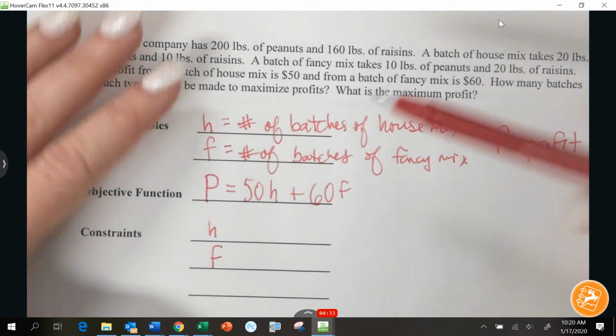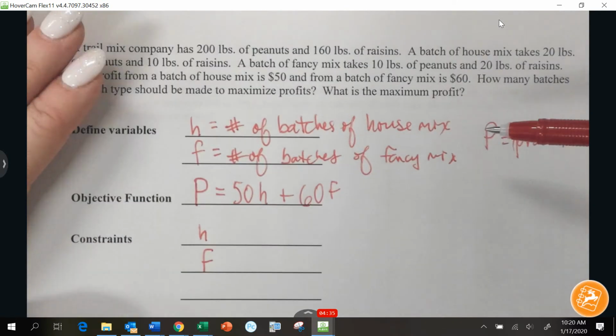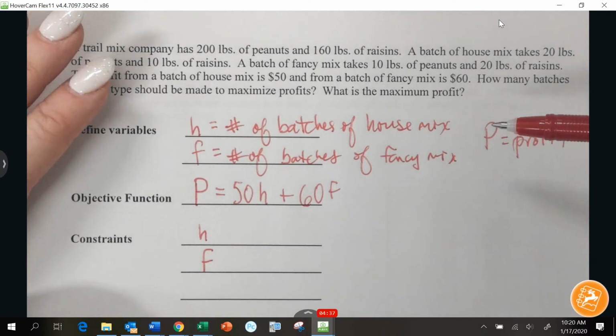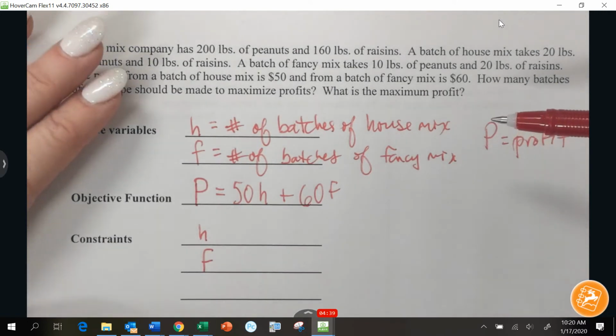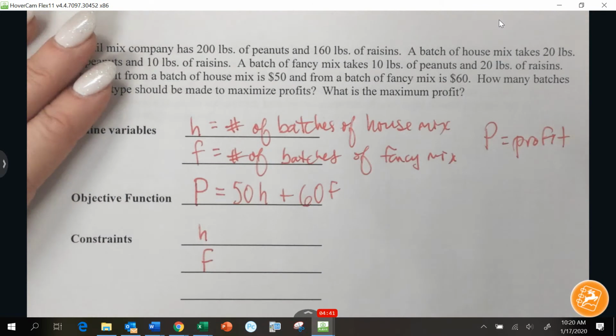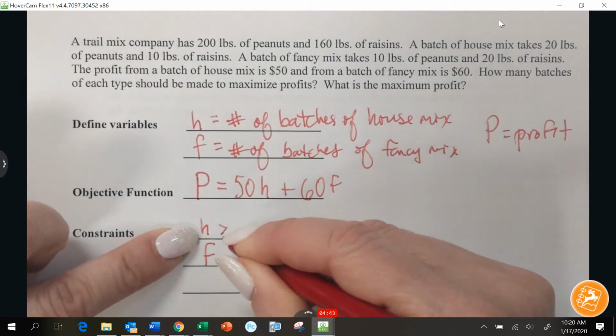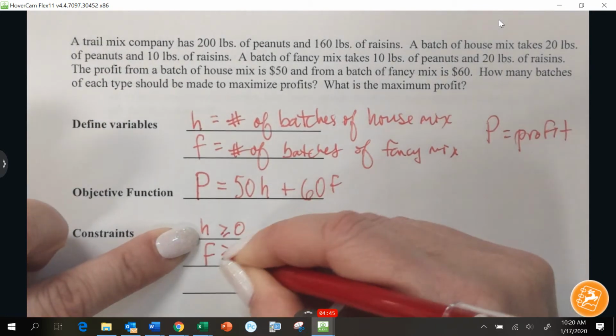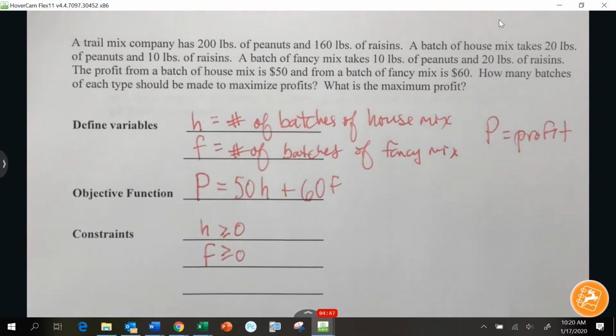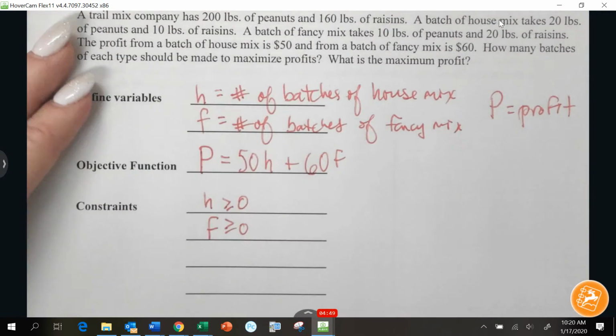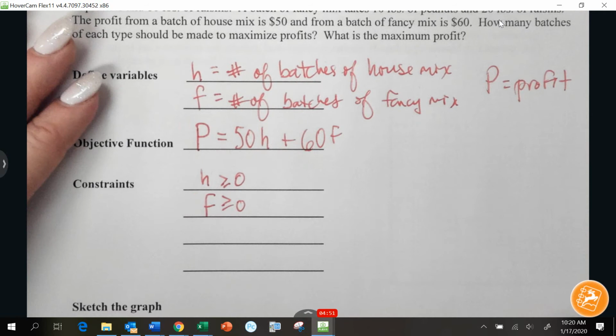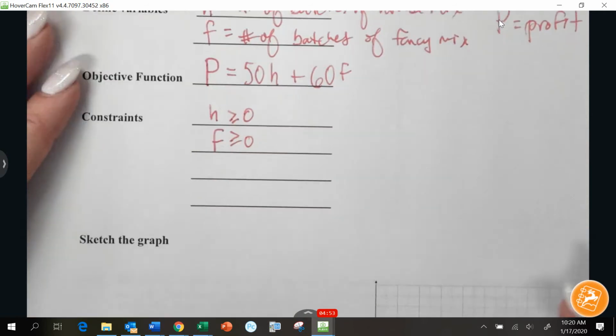What do we know about the number of batches of house mix? Can't be negative. Thank you. They cannot be negative. So we're going to say that H has to be greater than or equal to 0 and F has to be greater than or equal to 0. They can't be negative.